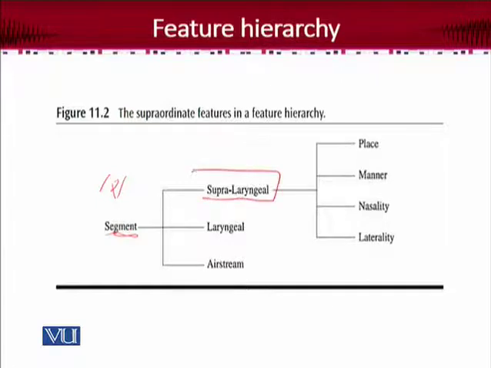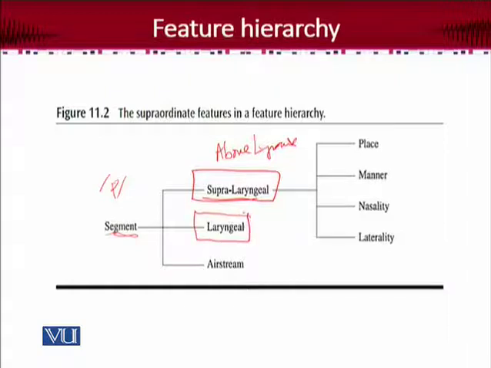One type of features is on the basis of supralaryngeal properties. Supralaryngeal means above the larynx, like those points which are related to the cavities, the oral cavity and those other parts, right? So supralaryngeal properties are realized in this feature hierarchy.